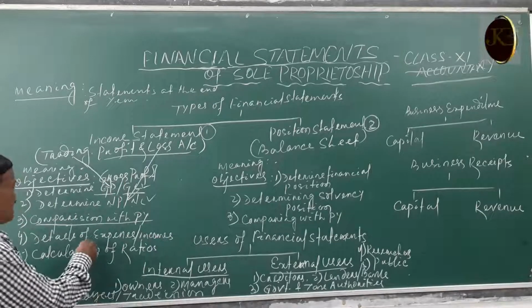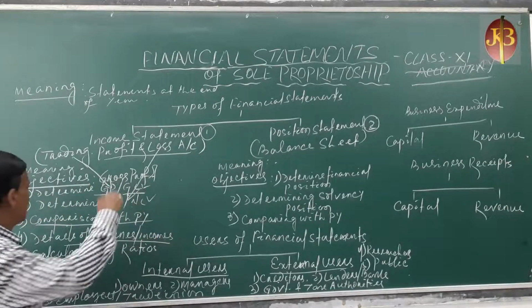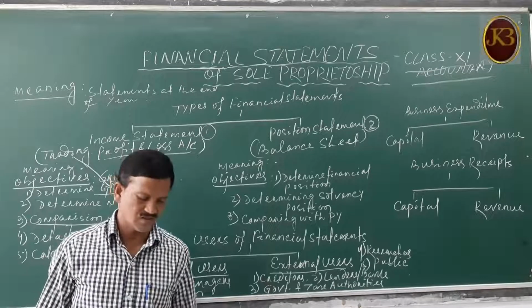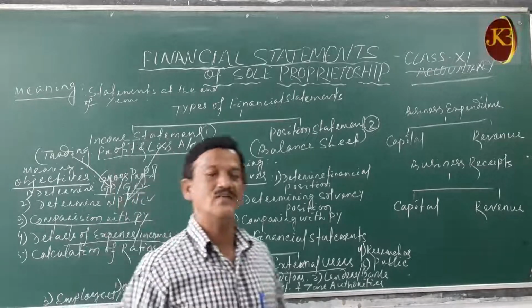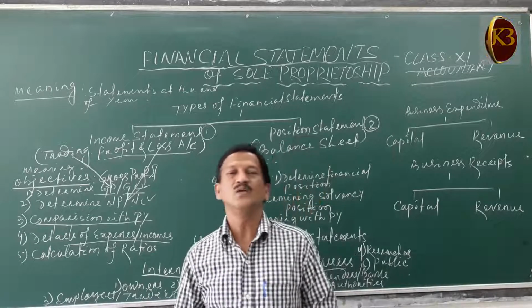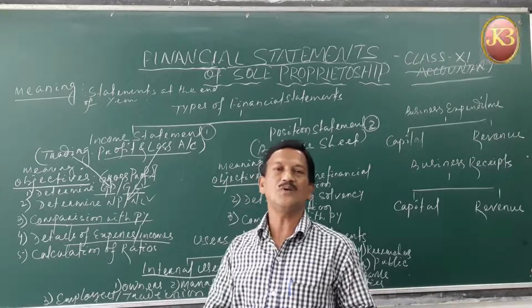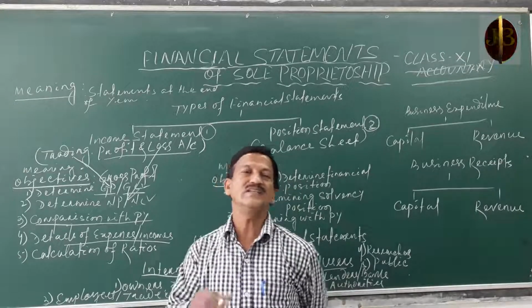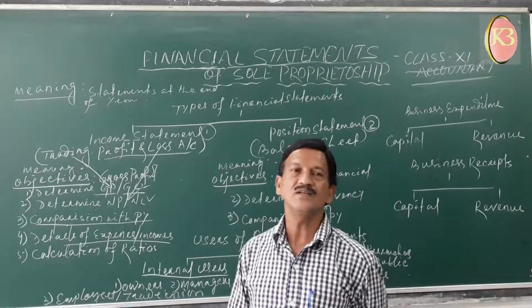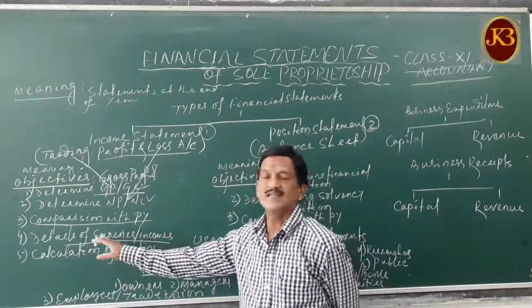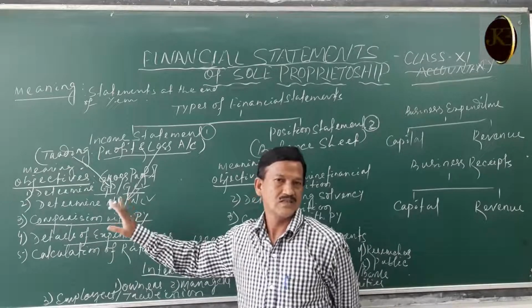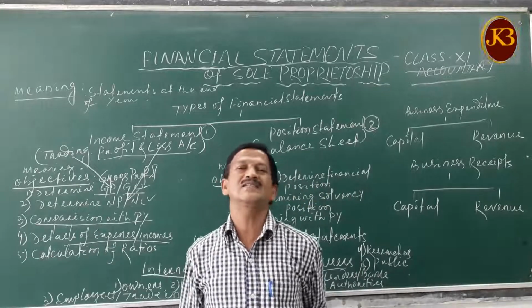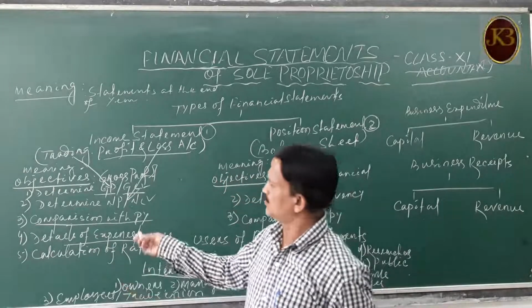Then the fourth objective is details. It gives details about the expenses and incomes. That means through the financial statement we will get the details of our total expenses and total incomes of the business during that accounting year or accounting period. That means the total expenses, including wages, salaries, rent, rates, depreciation, all those expenses.